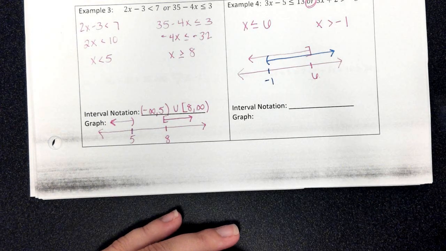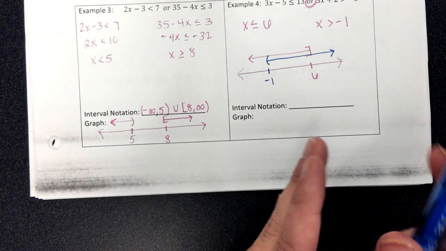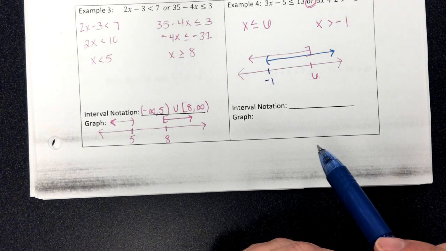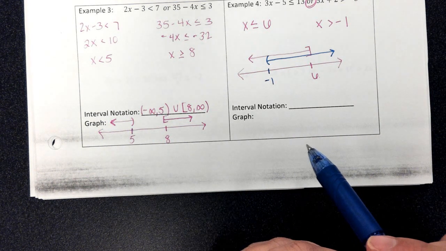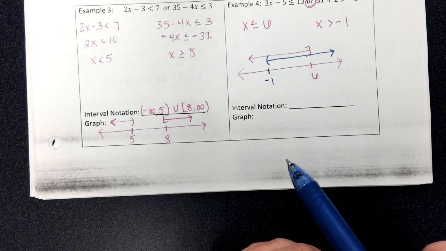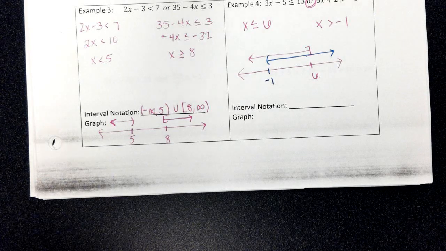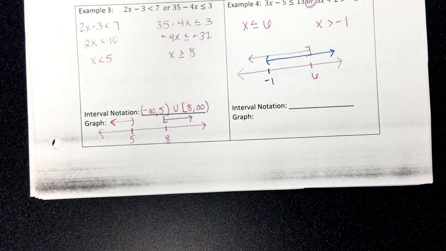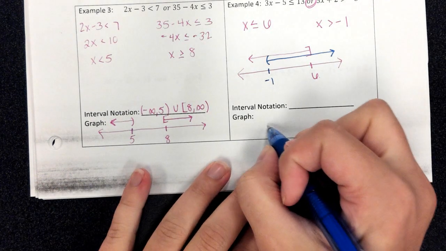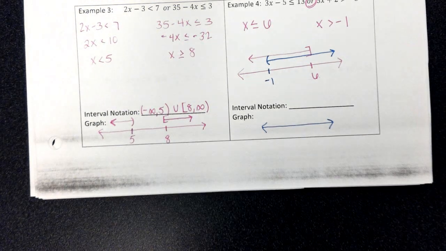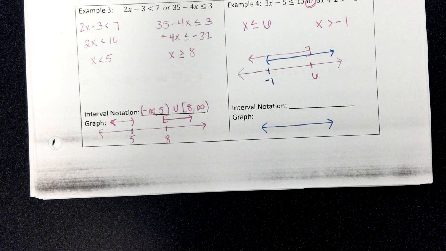So looking at this number line, is there any number that is not included on this number line? What were you thinking? Every single number is included, either in pink or in blue. So technically, your graph would just be this. Because does it ever stop? No. Okay?